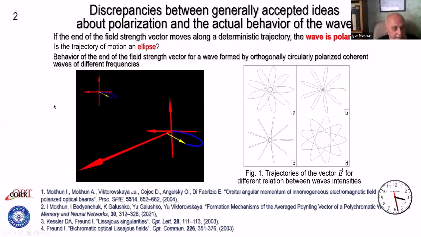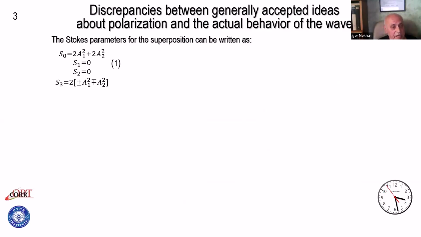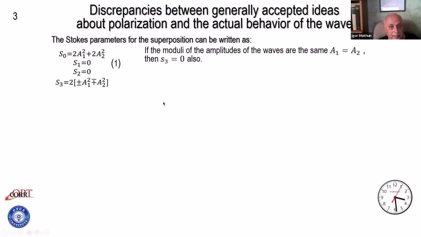Let us consider the behavior of the end of the field strength vector for a wave formed by two orthogonally circularly polarized coherent waves of different frequencies. According to our general definition, such a wave is polarized. The Stokes parameter of such a superposition can be written as here.